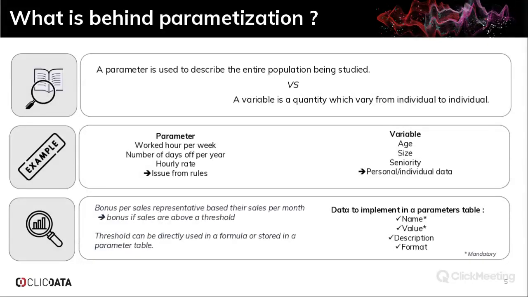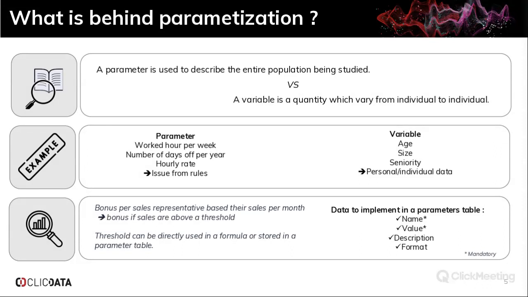Or at least this kind of value can change depending on the country, for example, because it's rules at country level. For a third example, it can also be the hourly rate, which could depend, for example, on the function of the employee. So here it always comes from different rules.